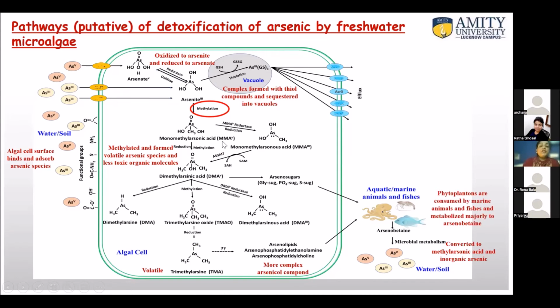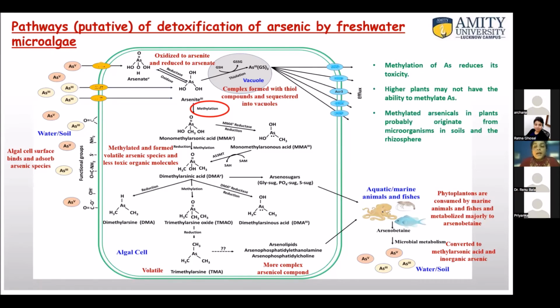So this methylation, why it is very important, because we have already found a gene that is arsenic methyltransferase. Methylation actually reduces the toxicity, as I have already told you. And higher plants may not have this ability to methylate arsenic. The methylated arsenicals in the plants, whatever reports we are getting, may actually be originated from the microorganisms present in their rhizosphere.